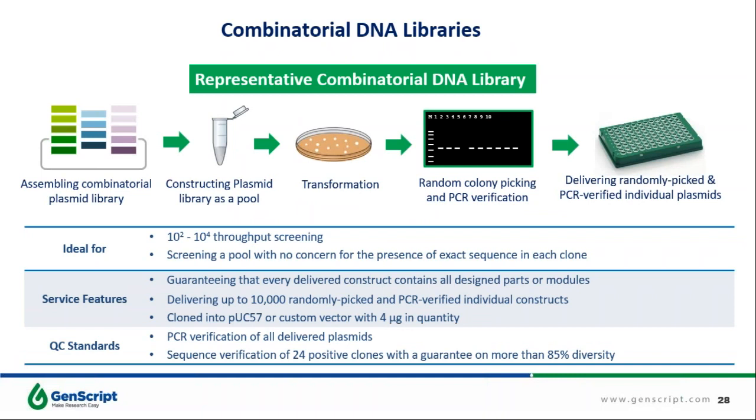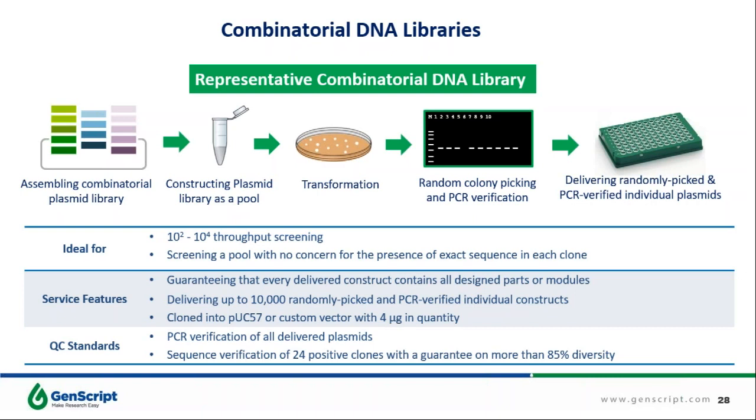In addition to our pooled library, we also provide representative libraries. These are randomly selected subsets of plasmids from the pooled library, most suited for screening 100 to 10,000 combinations of variants. Each construct is individually PCR verified and delivered.